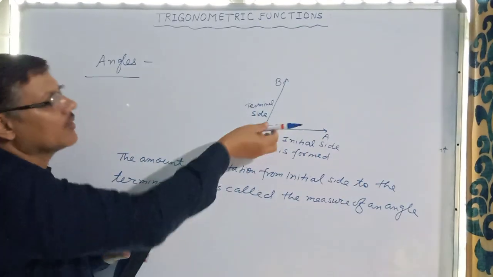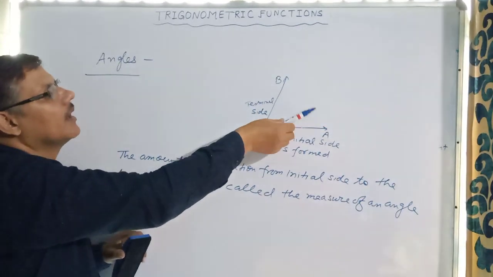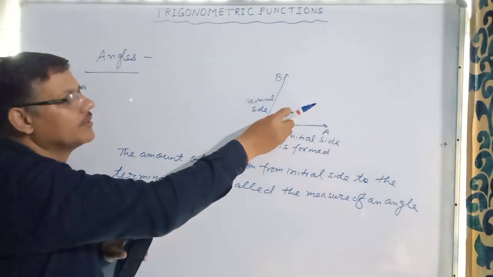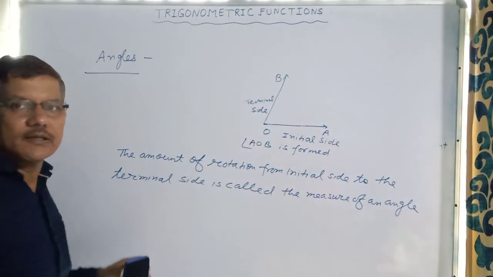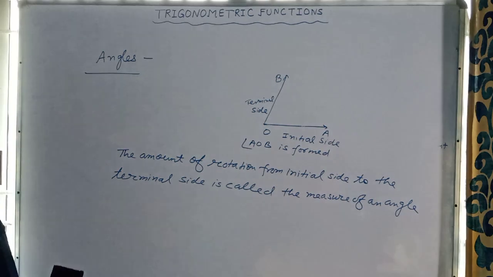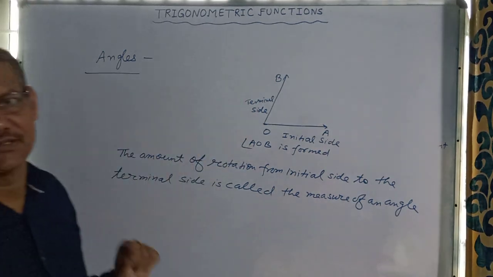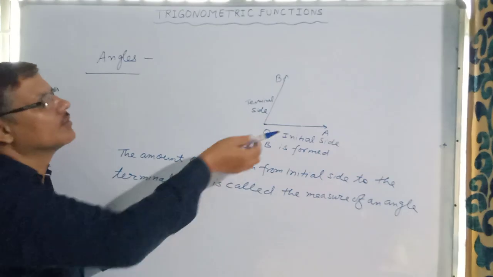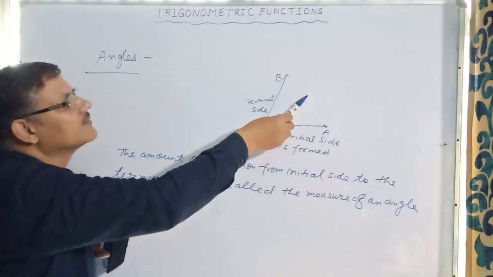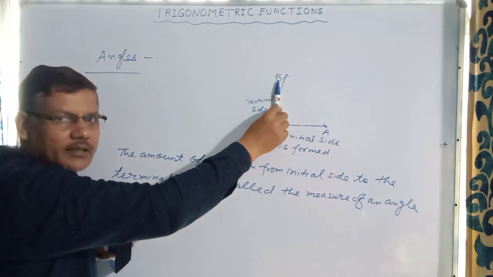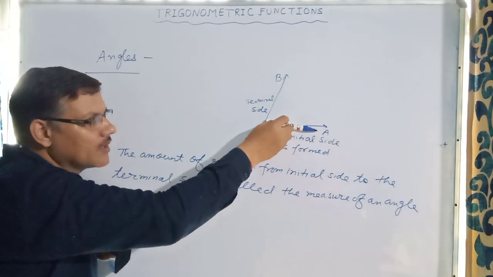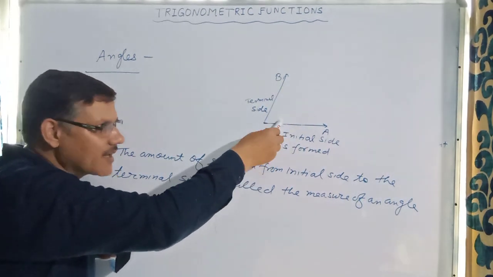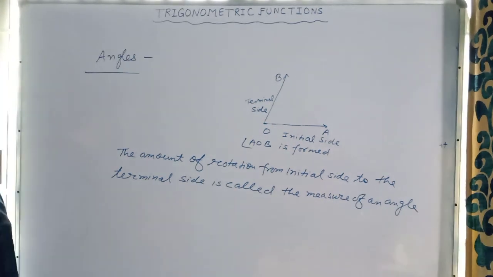Now it may rotate anti-clockwise or clockwise. In the geometry branch of the same subject, maths, there is no change. But here two types of angles are there. If it rotates in anti-clockwise direction, then the angle is said to be positive. If it rotates in clockwise direction, then the angle is said to be negative.